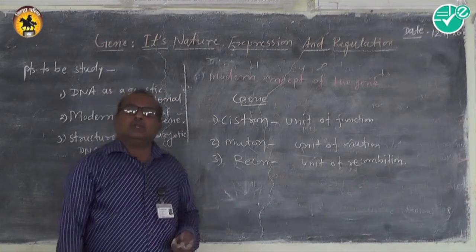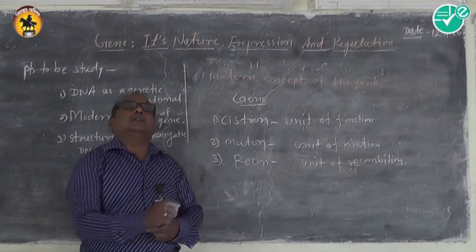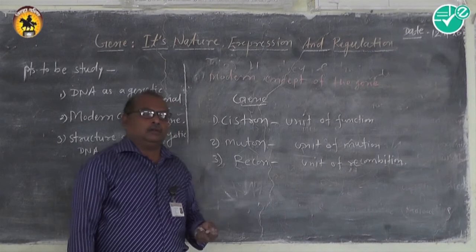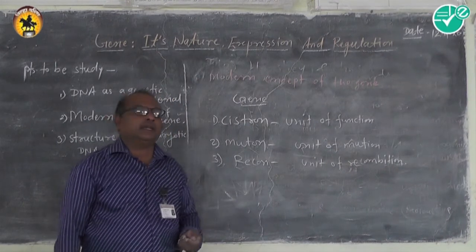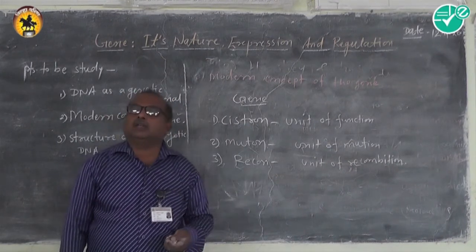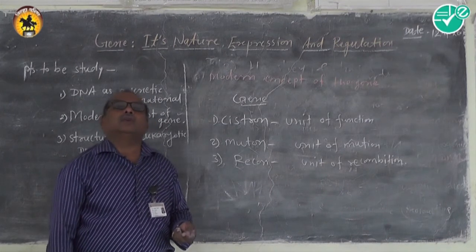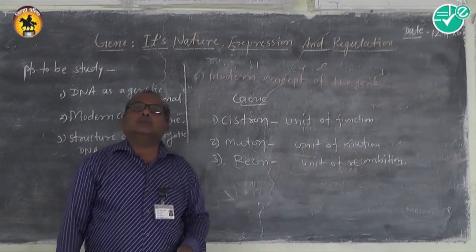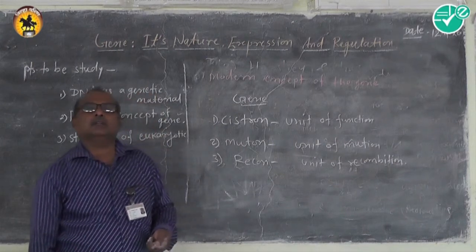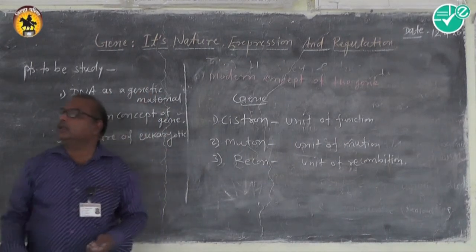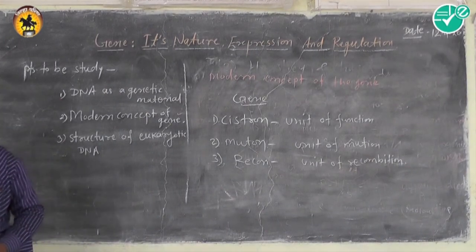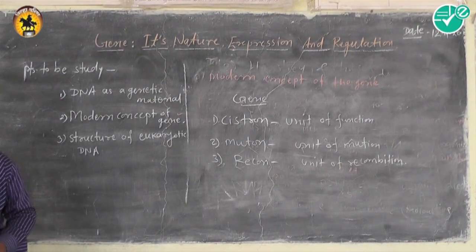The muton is one to a few nucleotides long, whereas recon is one to a few nucleotides long. Such a new concept of the gene was given by Seymour Benzer. That's about the modern concept of the gene given by Seymour Benzer in 1955.